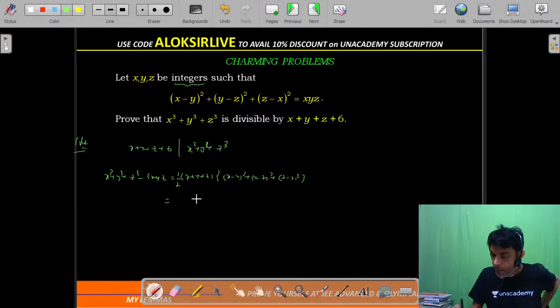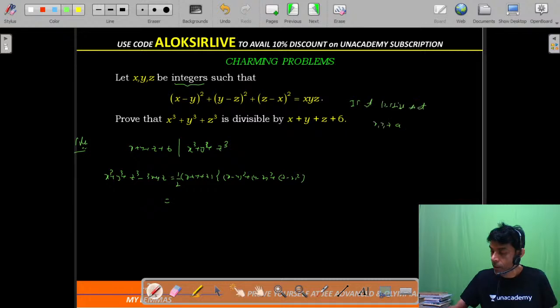Now, can we tell something about x, y, and g? Can they all be odd? Is it possible they are all odd?